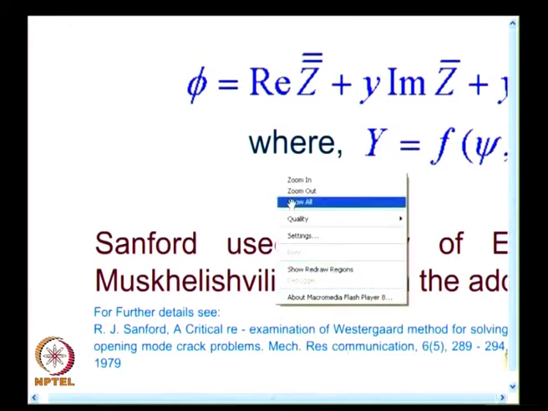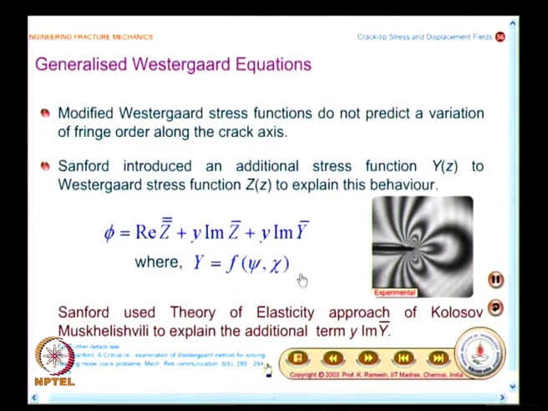So, you could go and have a look at that paper, and before we get into this Kolosov-Muskhelishvili approach, we will also look at the relevance of this kind of fringe pattern. Why this fringe pattern was taken as the candidate to verify the inclusion of the stress function Y.